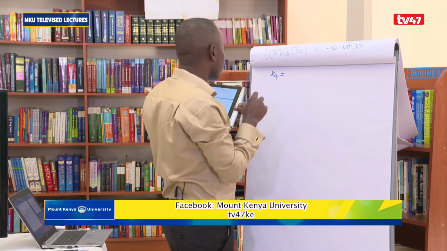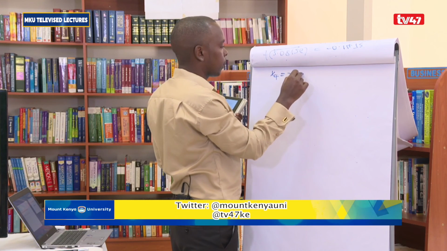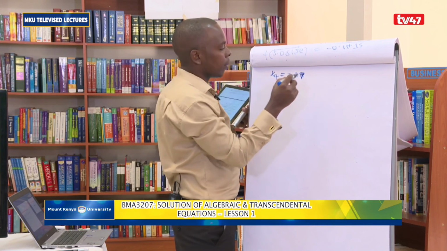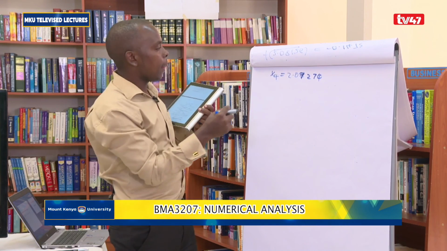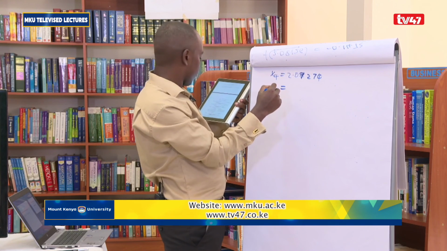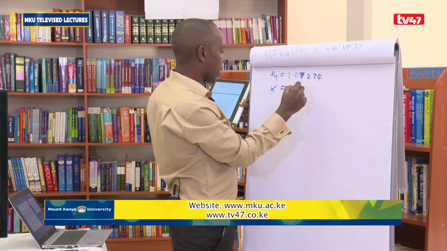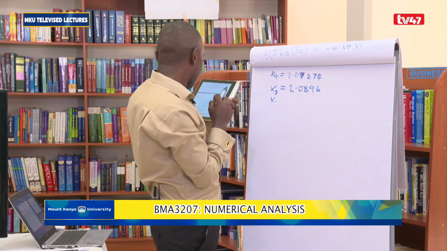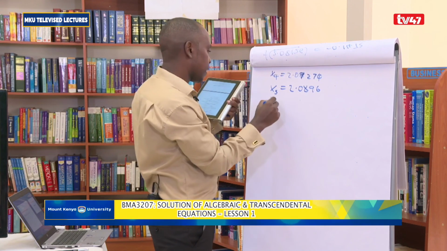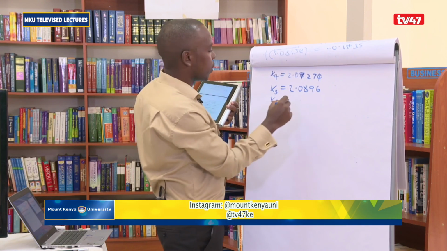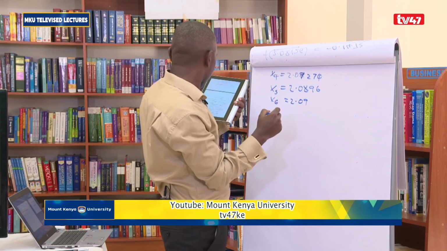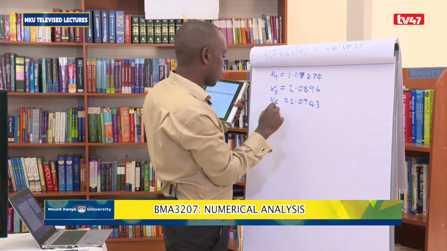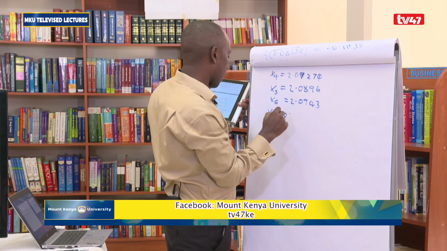So x4 is 2.09274, and x5 is 2.0896, no, x5 is 2.0938, x6 is 2.0943, x7 is 2.0945.